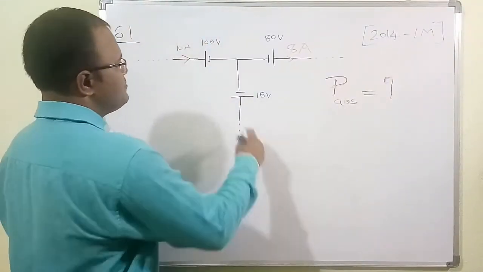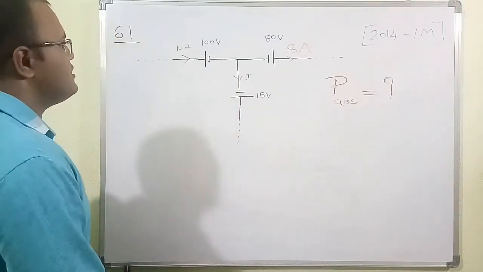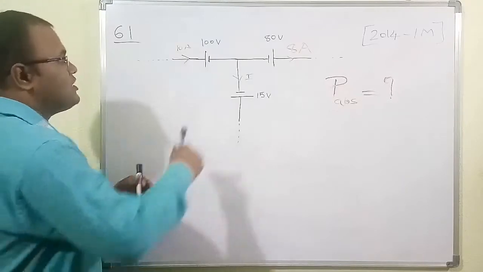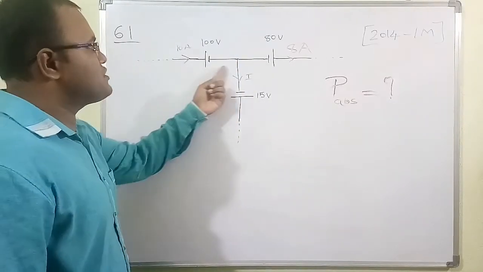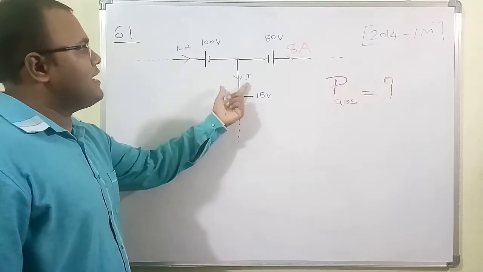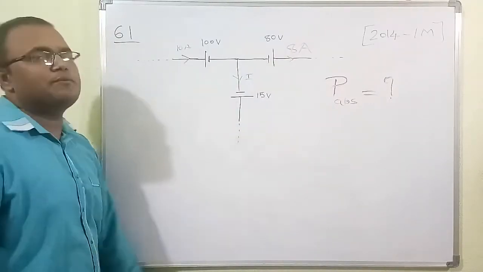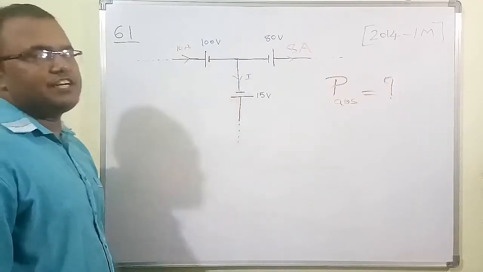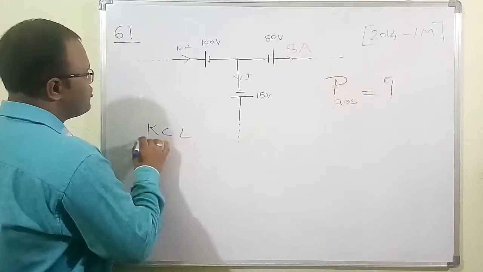So let me assume the current in this branch is I. See here, at this particular node, there is a current of 10 ampere flowing into the node, and a current of I ampere and another 8 ampere flowing out of this particular node junction. By KCL, the sum of incoming currents is equal to the sum of outgoing currents.